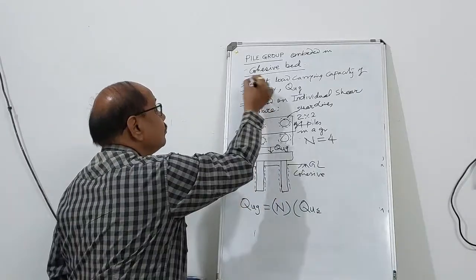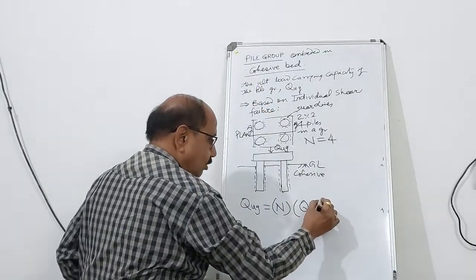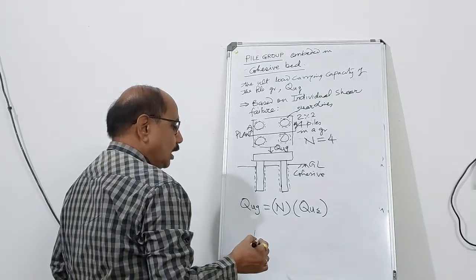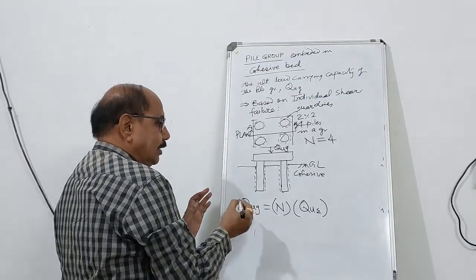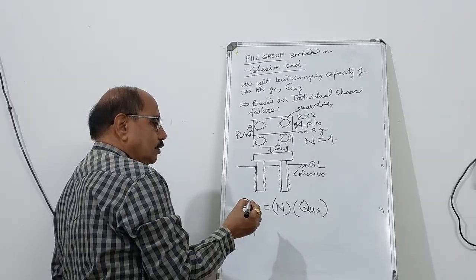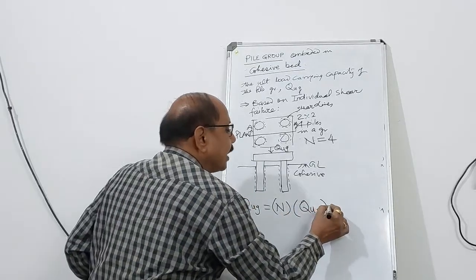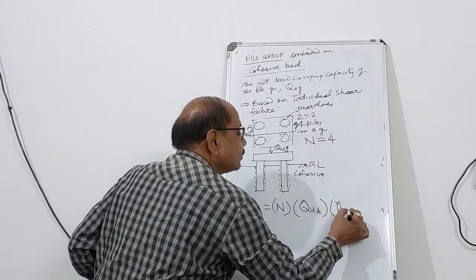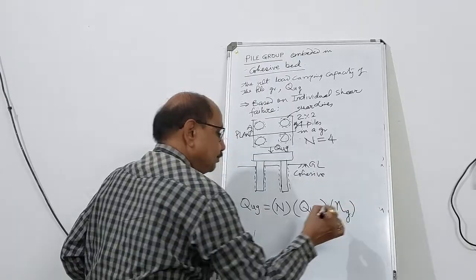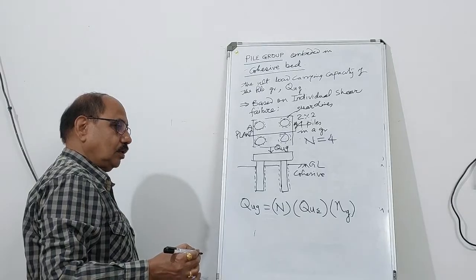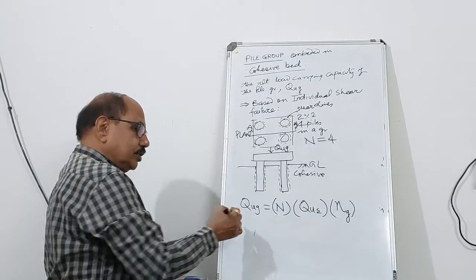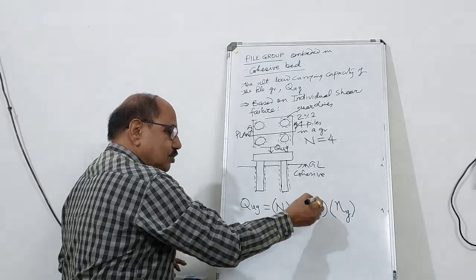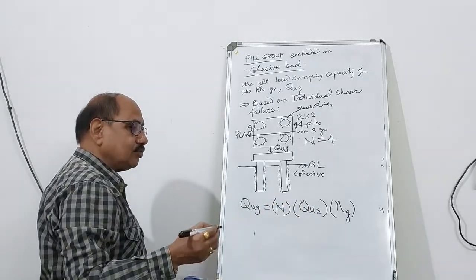We have seen for a single pile how to find out the ultimate load, and it has to be multiplied with a group efficiency factor, eta G. Because it is not equal to the number of piles times the ultimate load carrying capacity of a single pile.